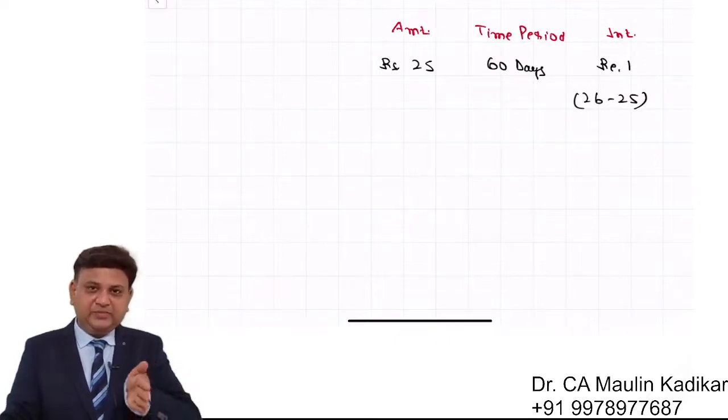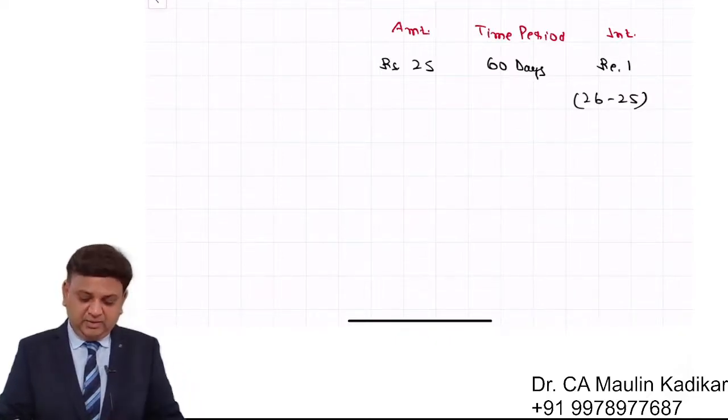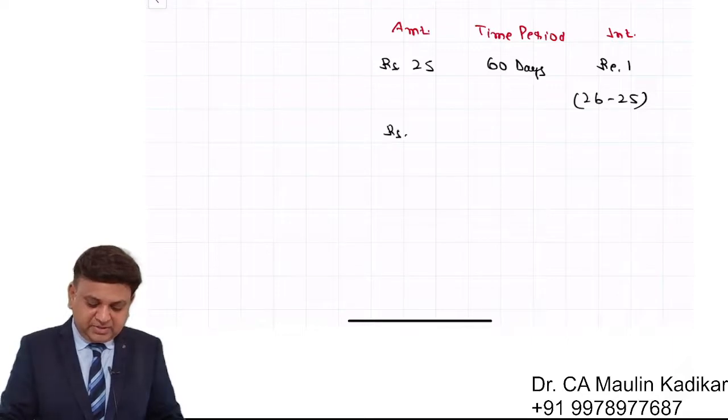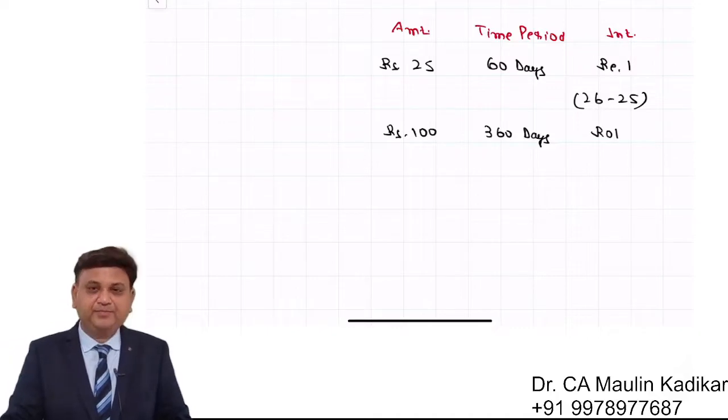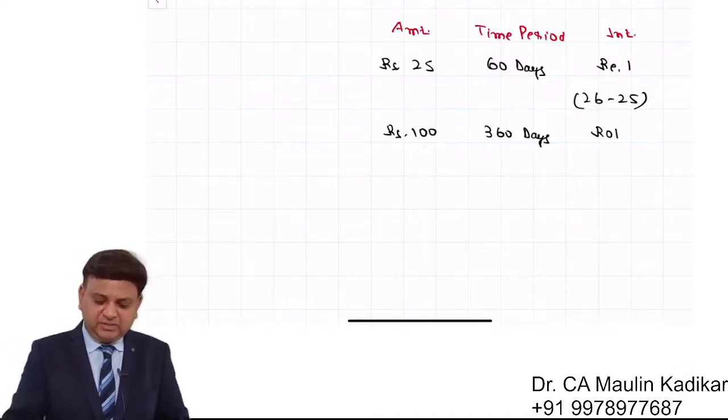Borrowing 25 rupees for 60 days has cost of rupee 1. Borrowing 100 rupees for 360 days will have the cost equal to ROI, rate of interest. That is the way we can answer.